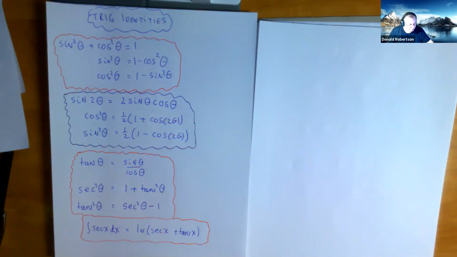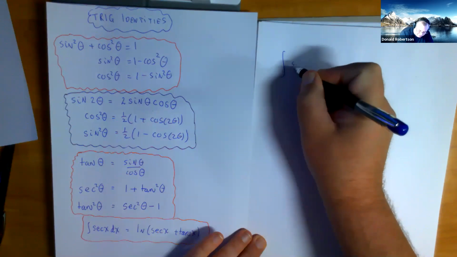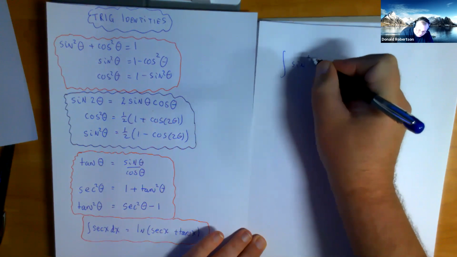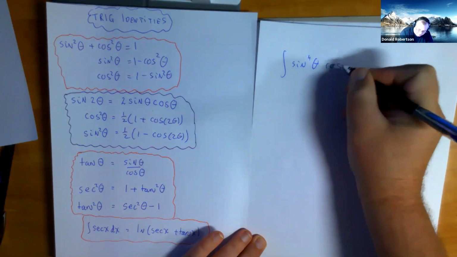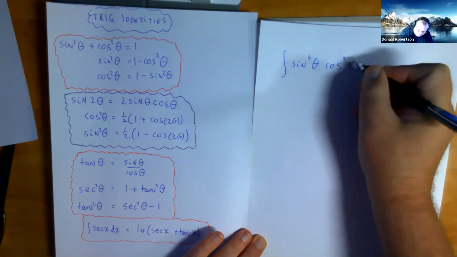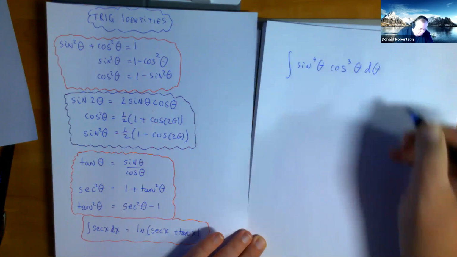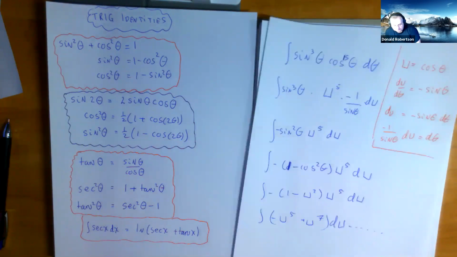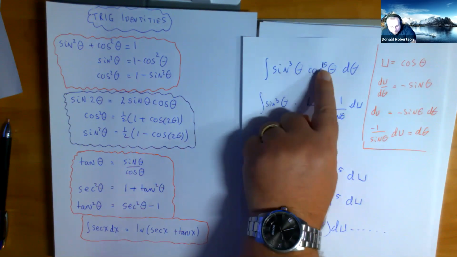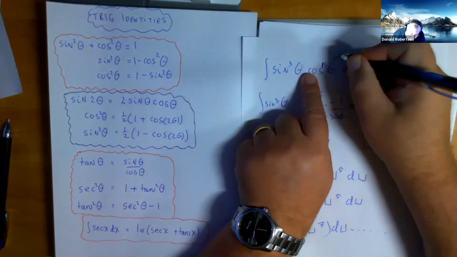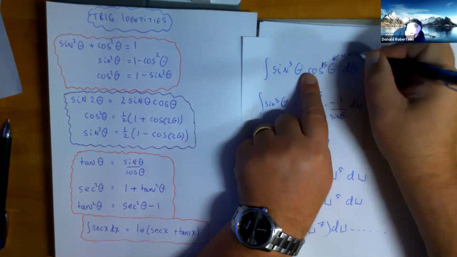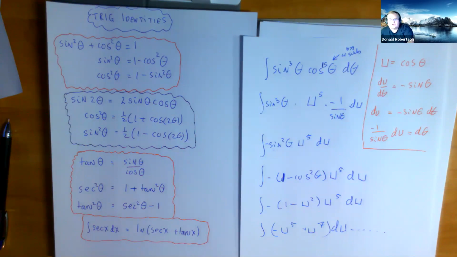Now, how about a combination of even and odd? So, by the way, the rule for this one, if they're both odd, use the bigger one as your u sub.